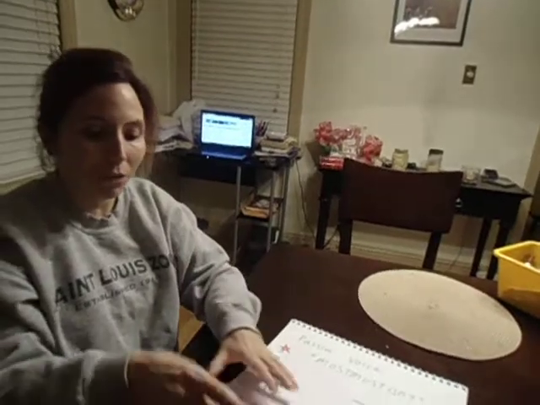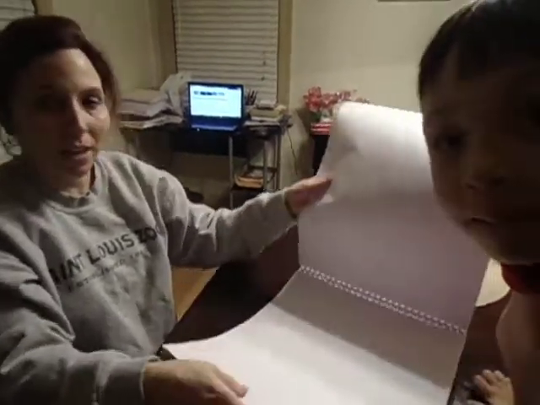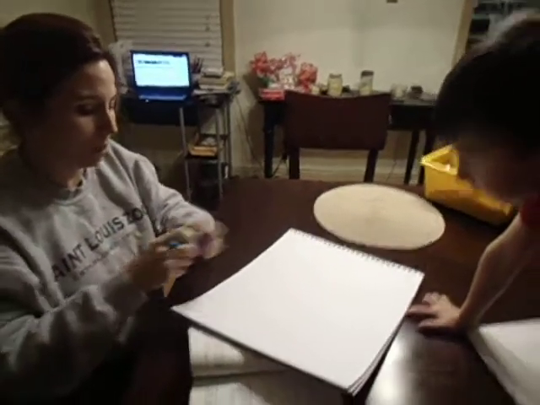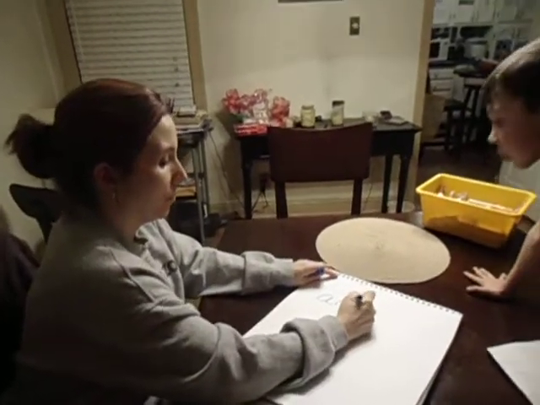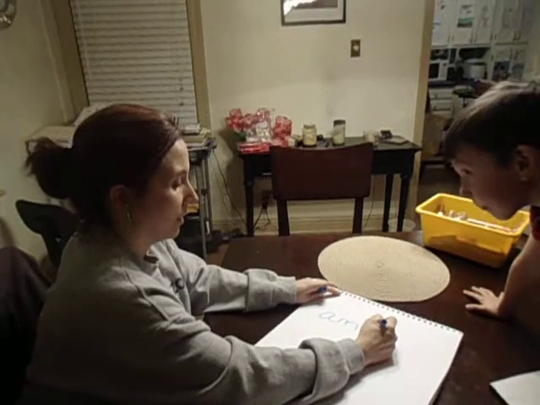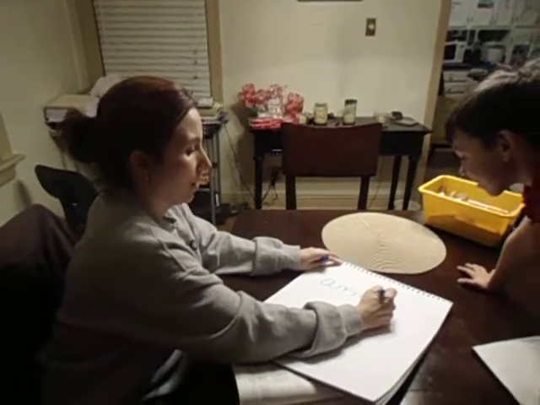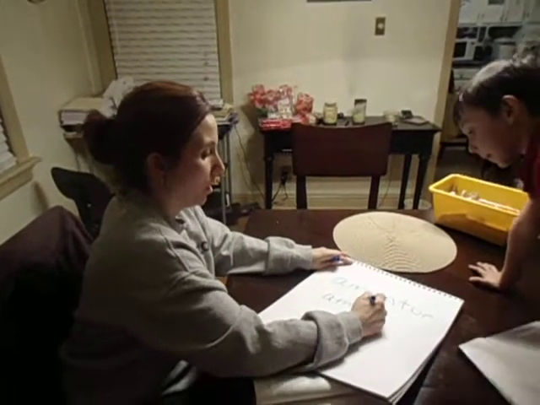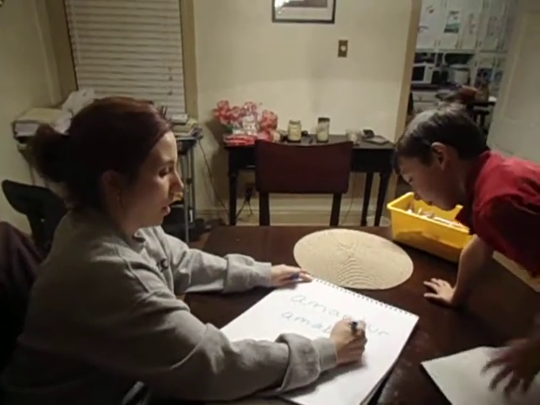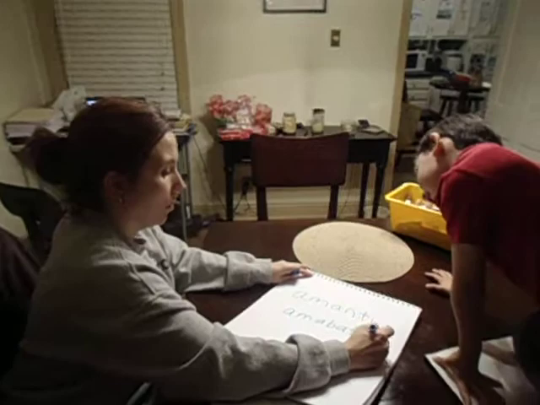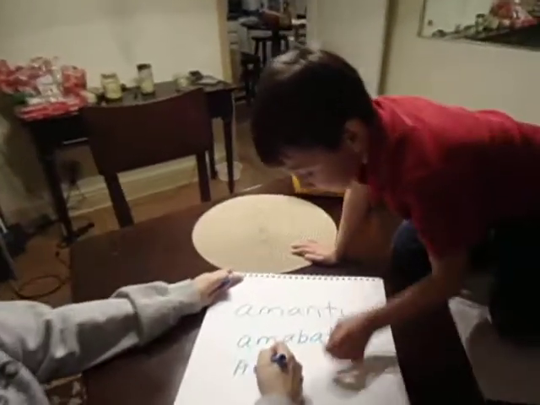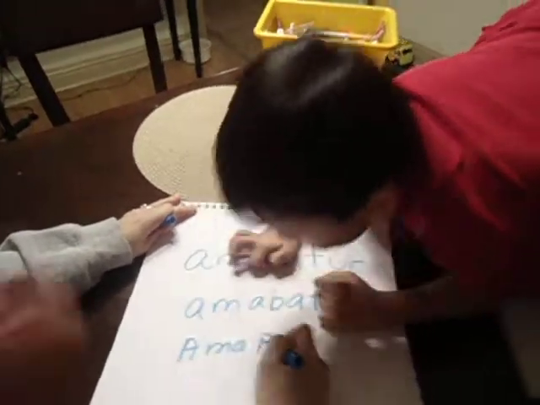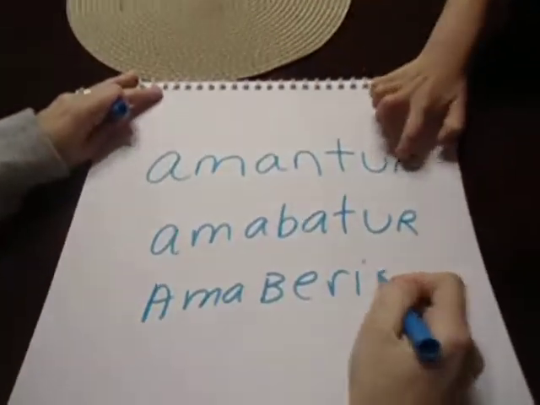Class, what I would like for you to do for homework, and I'll check at the very beginning of the period after we take our quiz over this video, I want you to translate these three verbs. Amantur, amabantur, and amaberis.